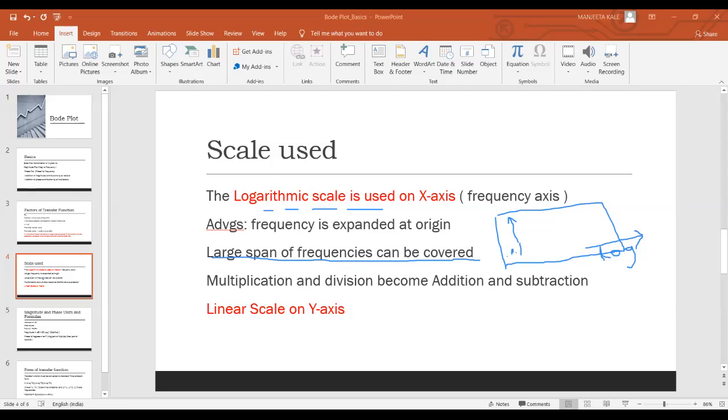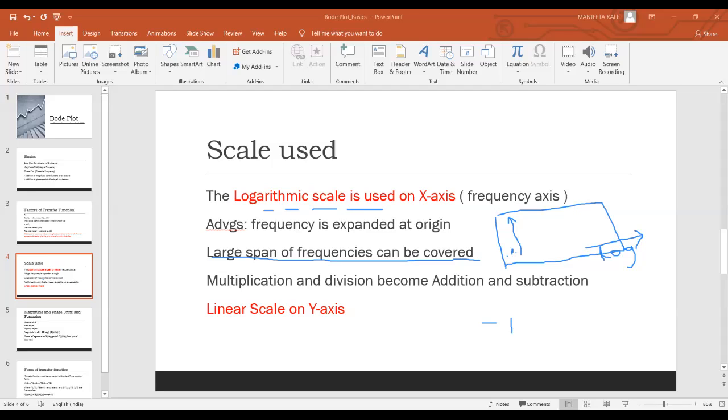Because suppose we are using a linear scale and we are using a graph, normally a graph paper, so 1 centimeter is equal to 1 unit, right? In this case, 1 unit would be 10 times whatever the starting point is. So that is why large span of frequencies can be covered.